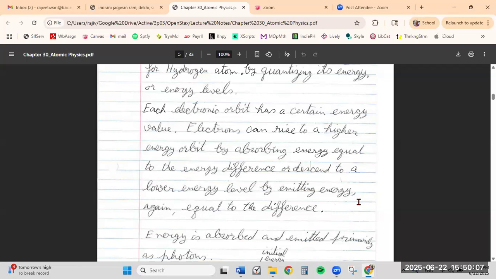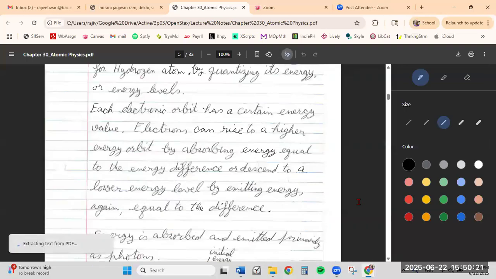So, for example, the various possible energy levels in a hydrogen atom could look something like this.